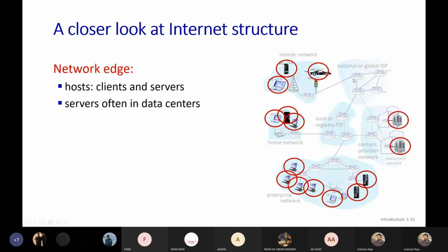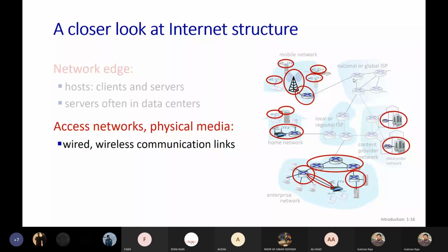This is the network edge. Then the second category is known as access networks, access networks and physical media. These can be wired or wireless. It is the network from which you access the internet, the initial network we use to access the internet.